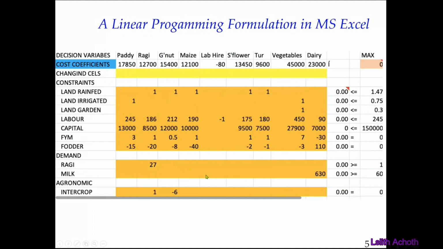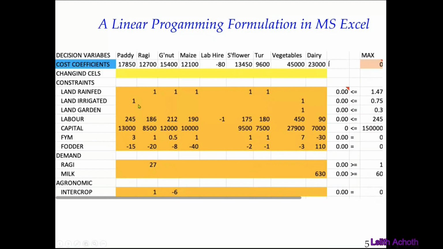When it comes to ragi, he needs a minimum of 1 quintal. So the coefficient you put is the yield per 1 acre of ragi, because all this is in acres. This is per cow. And for milk, you should give the production of milk in one season, that is 120 days, and how much milk he wants: 60. This is what we normally do for intercropping.